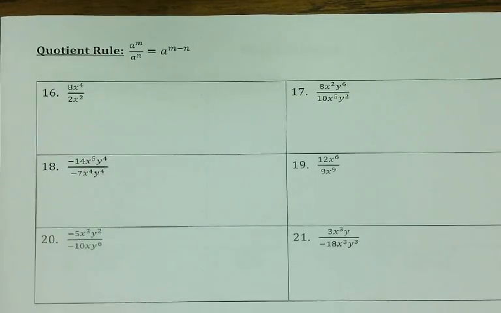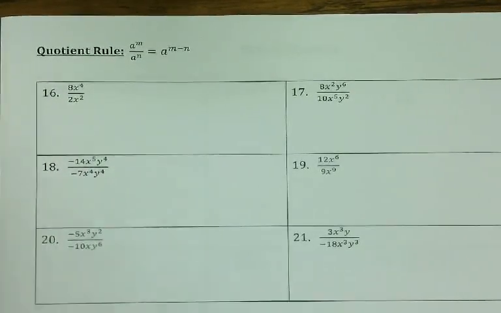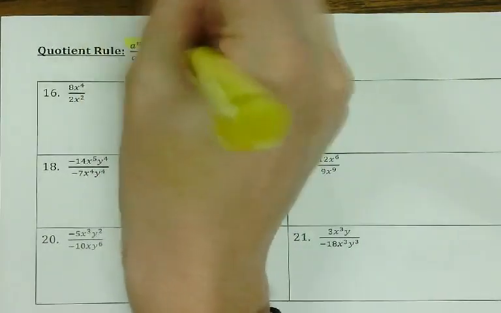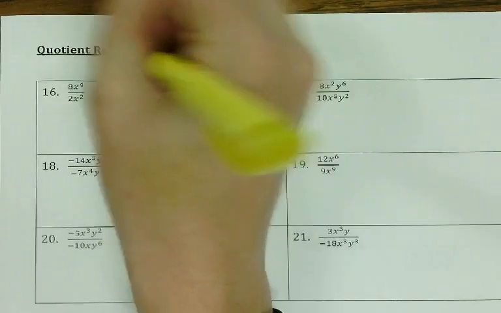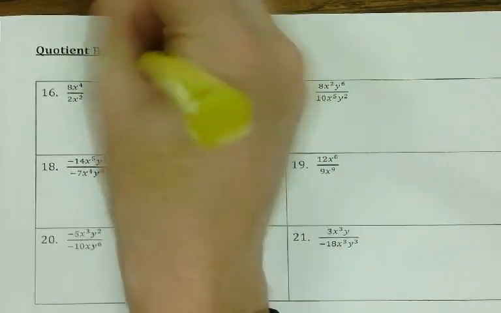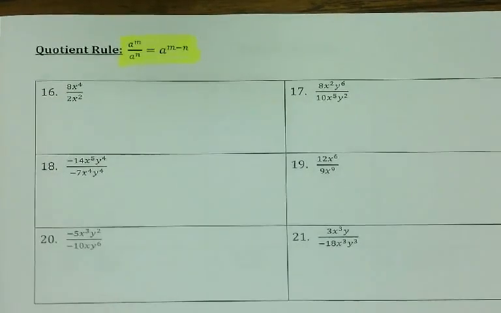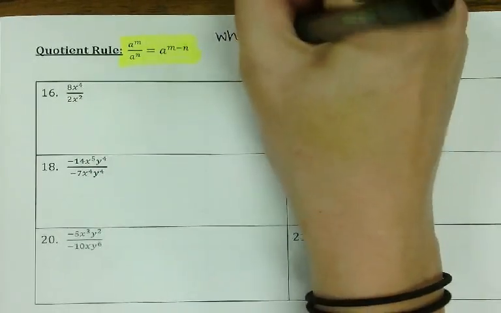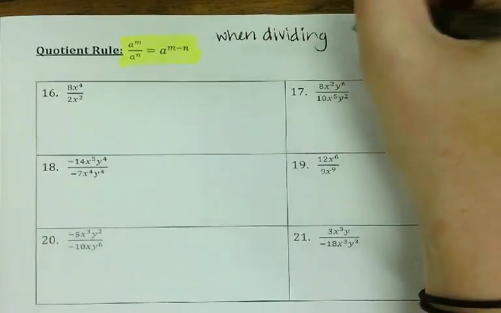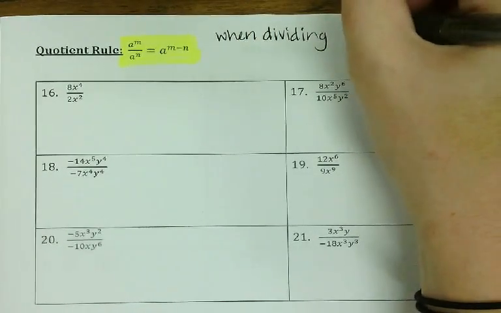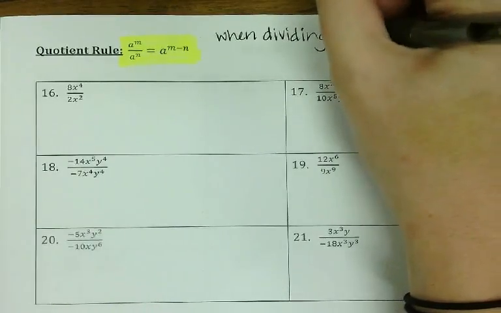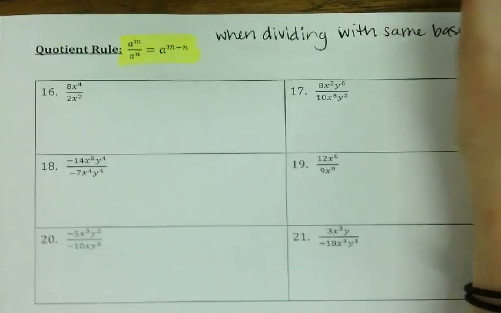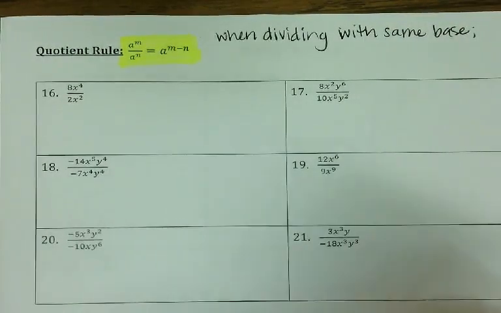All right? Now let's take a look at this guy. This is our quotient rule. All right, guys? Quotient rule is division. So now we are dividing exponents, or dividing things that have powers or exponents. So, guys, this is our rule right here. When you are dividing exponents or dividing powers with the same base, what does the rule look like it tells us to do?